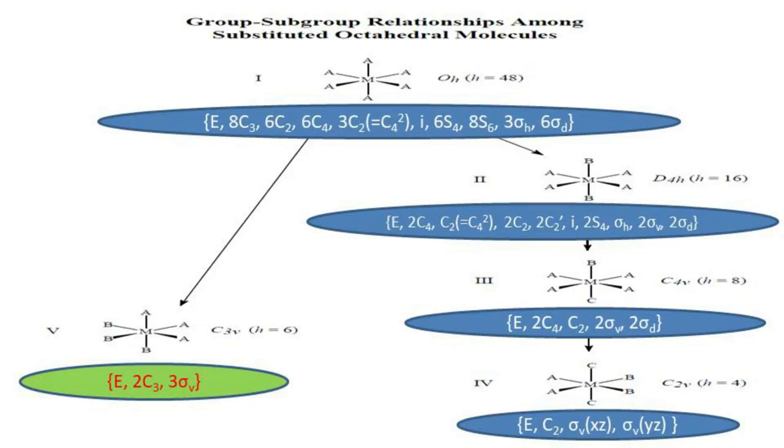We need to understand which symmetry operations actually are eliminated or diminished because of the change in the structure, because of different substitutions. Let us understand the occurrence of structure number 5 from structure number 1. From symmetry operations, you will understand the C3 operation.